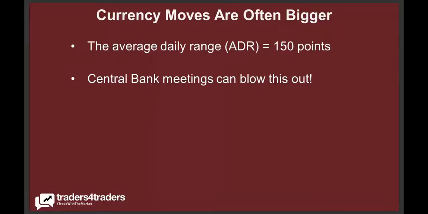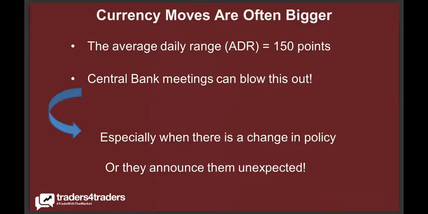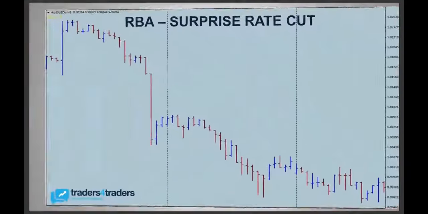They want the impact so that they don't slow the market down on those days. And if they change policy or announce something unexpected, you can get absolute massive moves, generally around the 250 to 300 point mark, right? So understand on a massive economic data release, we may see 150 point movement in the currencies. On a central bank announcement, it's much bigger and the potential for big gains is there, right?